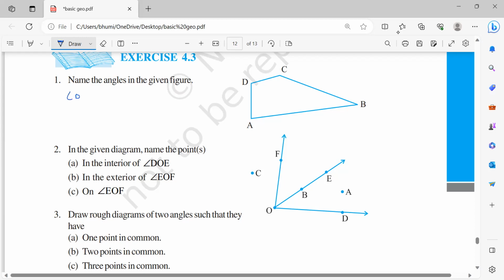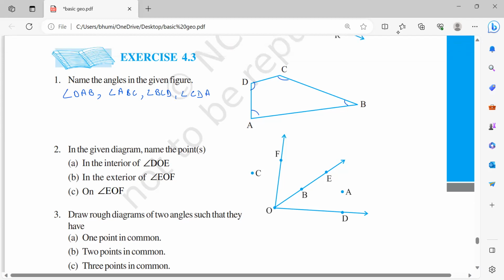Angle DAB, then angle ABC, then angle BCD, then angle CDA. 4 angles we have. In the given diagram, name the points in the interior of angle DOE.